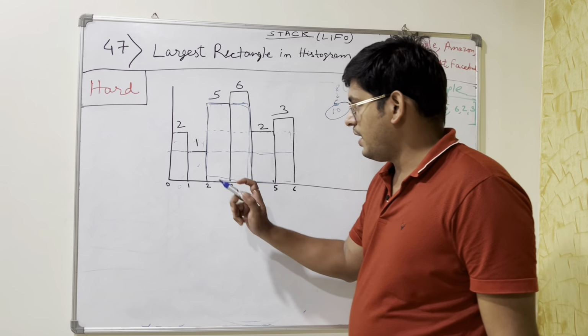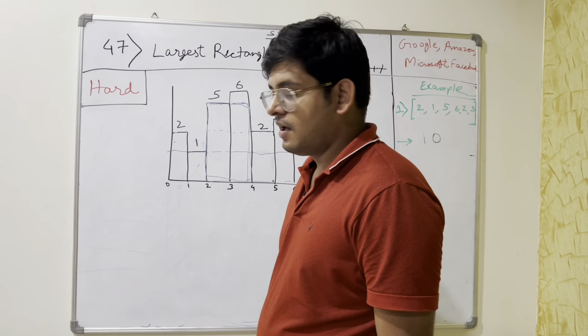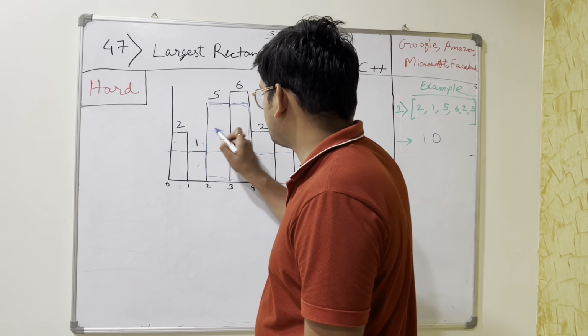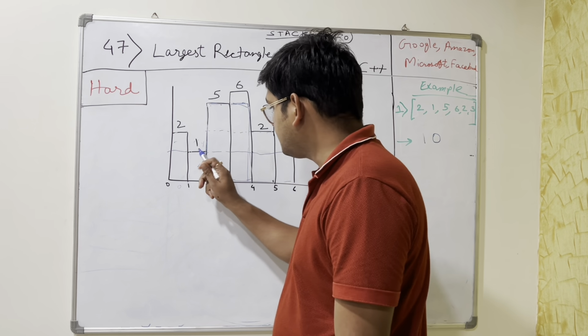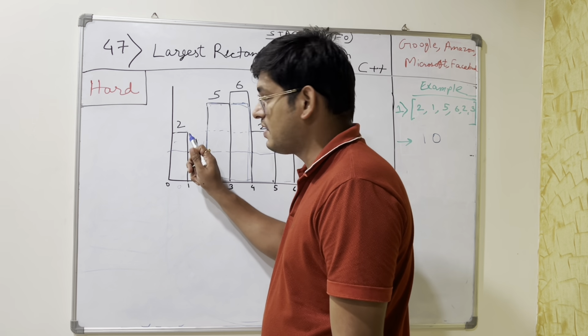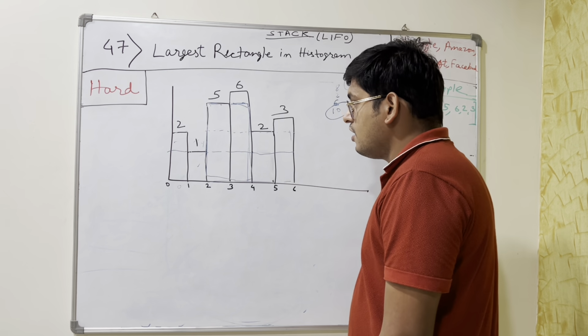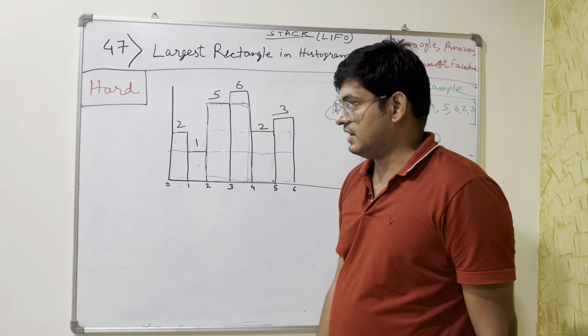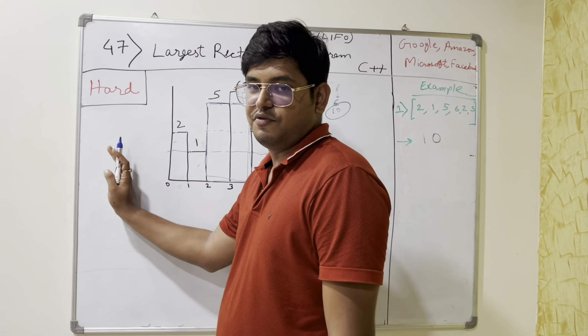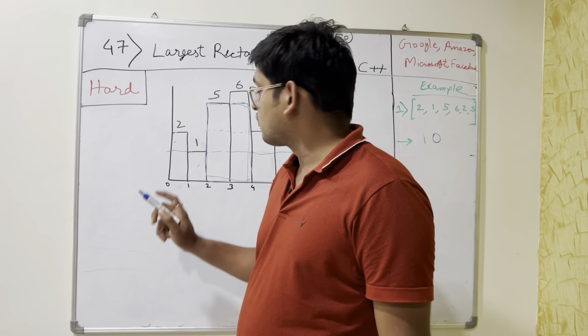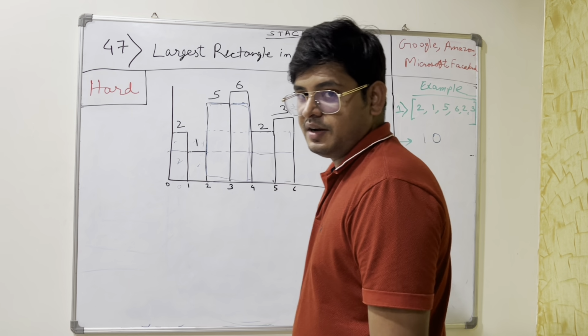So you can see when I tried for 2, I could not extend because the next element after 2 was lesser than 2, right? So it could not extend, and we don't have any element before 2, right? This is the first element. So the area was 2, right?